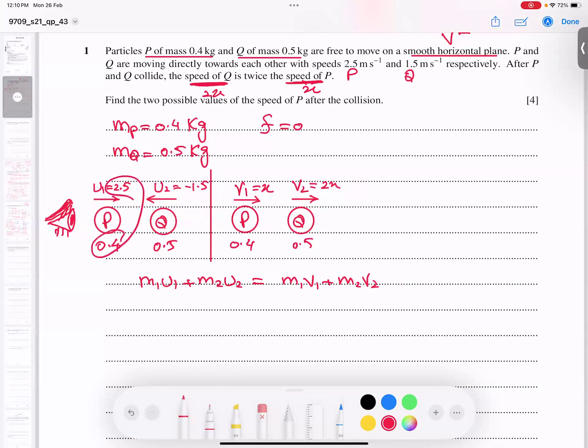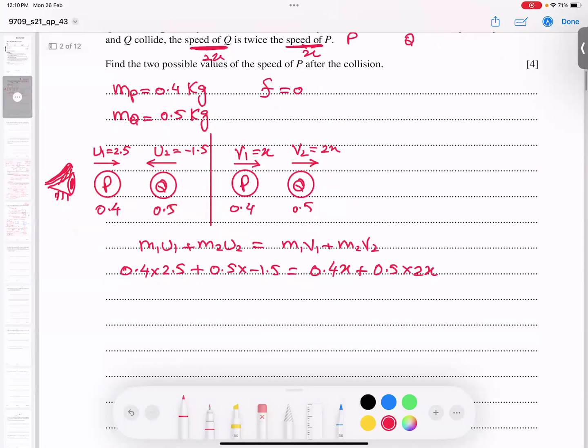Mass into velocity: 0.4 into 2.5 plus 0.5 into negative 1.5 equals 0.4 times x plus 0.5 times 2x.